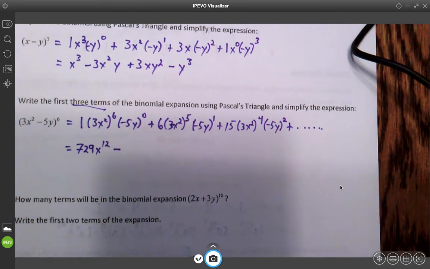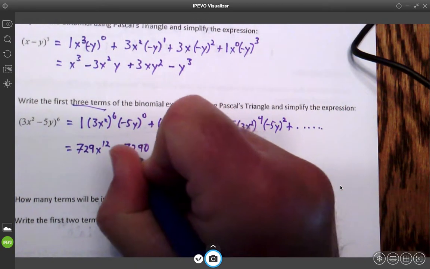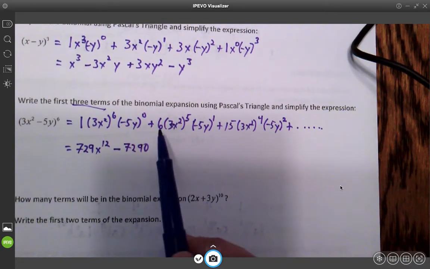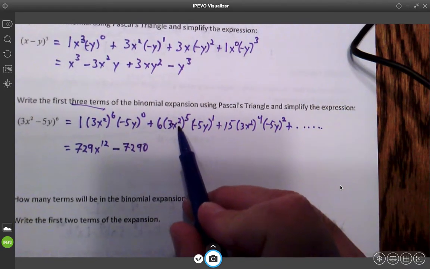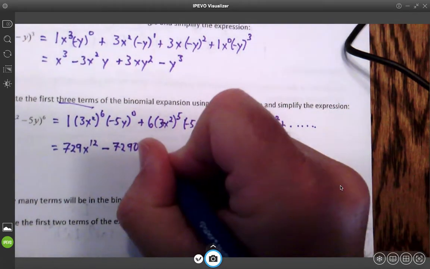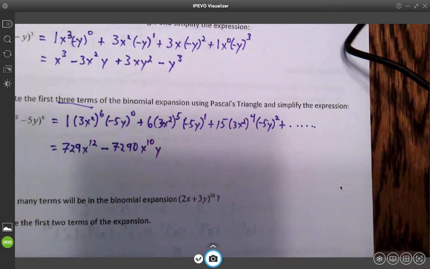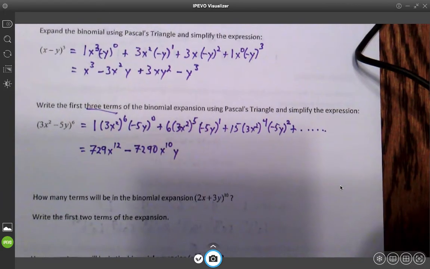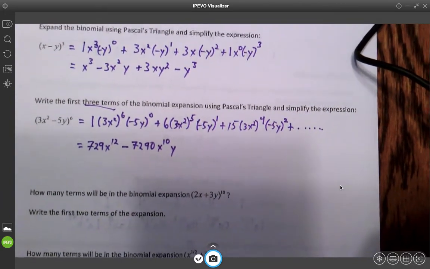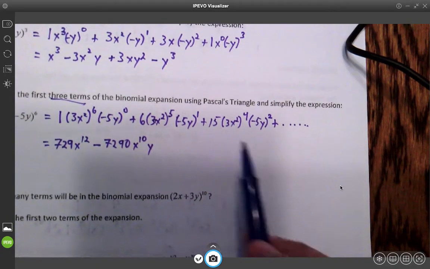I'm going to multiply it by 6, and then times negative 5, and I'm going to get 7,290. That's my coefficient. Then I have x to the what? 10th, right? X to the 10th, y to the first. Why y to the first? Because y to the first is in the negative 5y, right there.